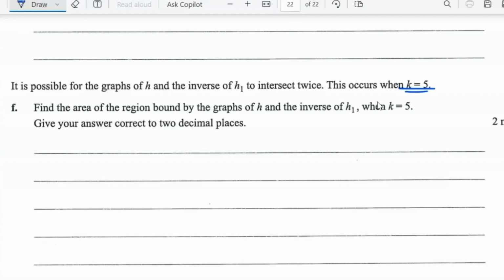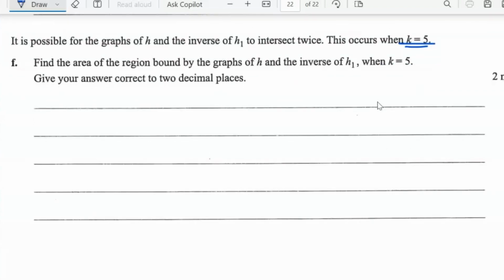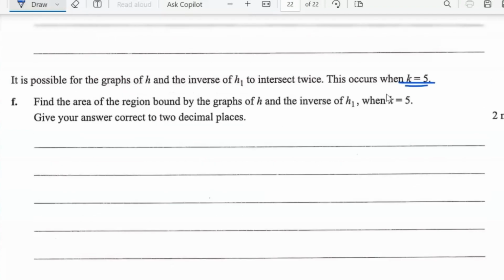Find the area of the region bounded by the graph h and the inverse of h, where k equals 5. Give your answer to 2 decimal places.